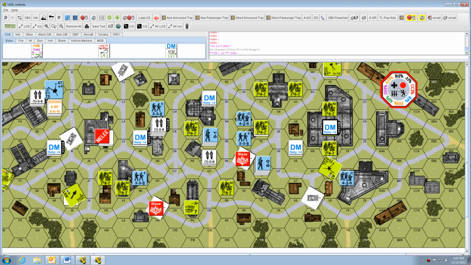Now we're going to move on to the advance phase. The German player goes ahead and does all his advances, yada yada yada. Maybe moves this unit in there, and maybe advances into here, and does all his advances. And once he's done with that, we go on to the close combat phase.